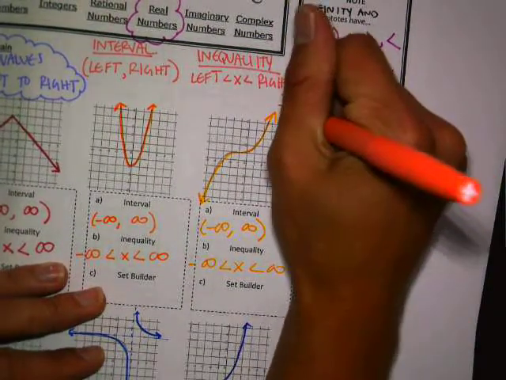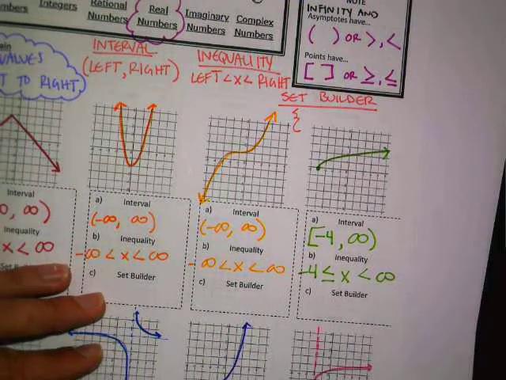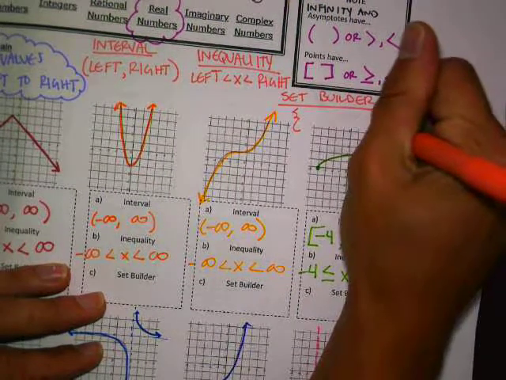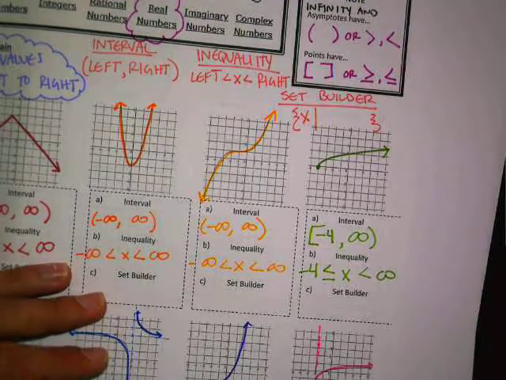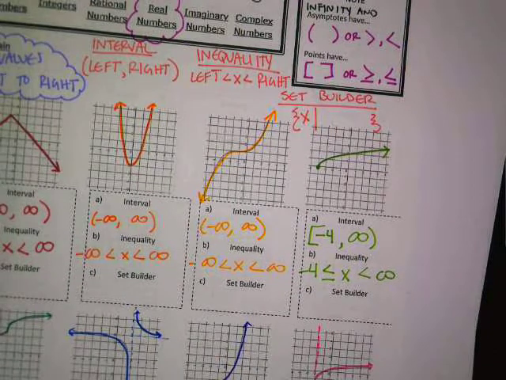All right, for set builder. Set builder is going to look like this. Those squiggles are like those squiggly brackets you do in, I don't know, English class. You know what I'm talking about? Here.